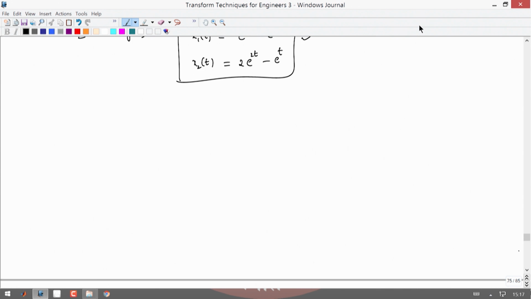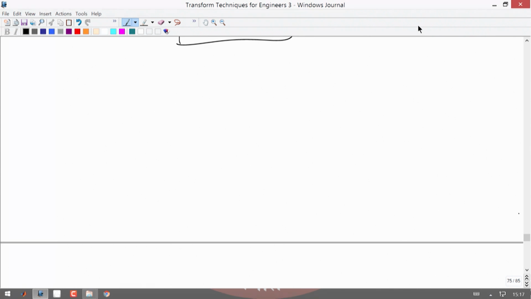You can also follow the same procedure and try to solve a system of second order equations. For example, let me do one more example. Follow the same procedure on a system of second order ODEs and you can work it out.